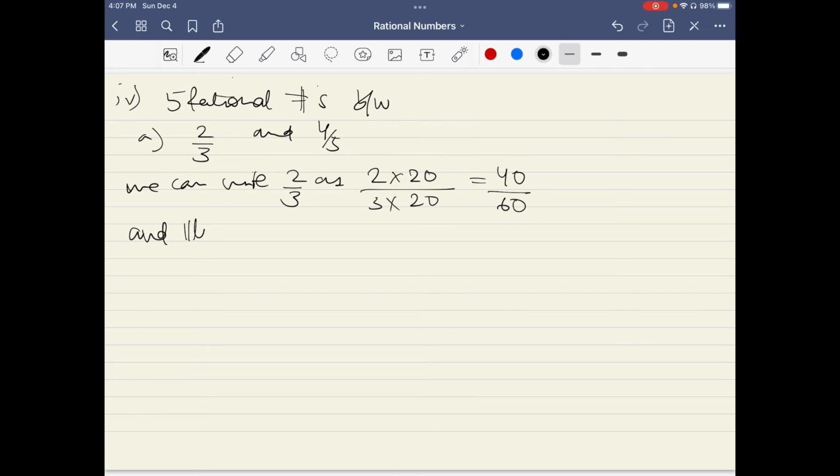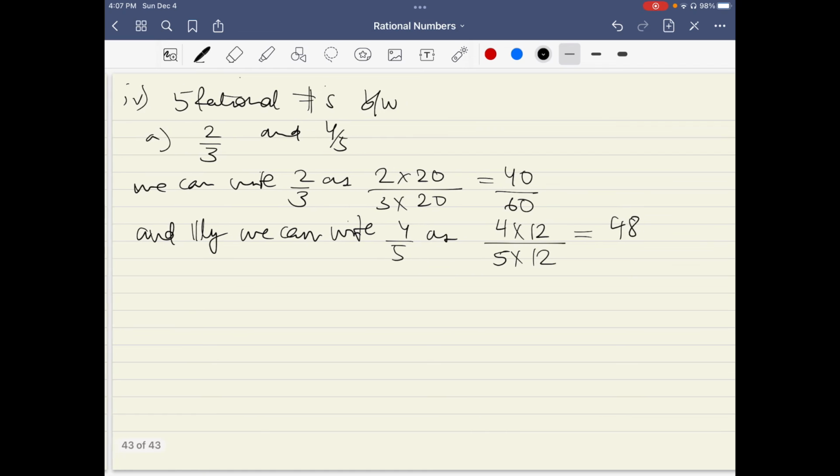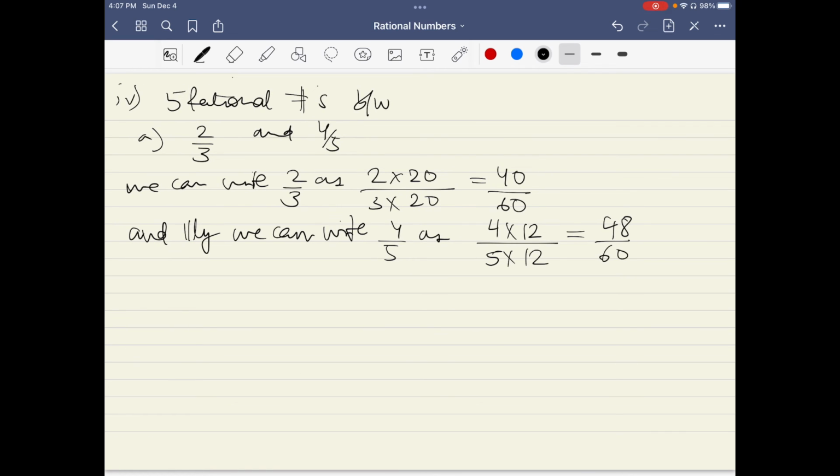And similarly, we can write 4 over 5 as 48 over 60. Now we see they have the same denominator, and now it's easy to find 5 rational numbers between 40 over 60 and 48 over 60.